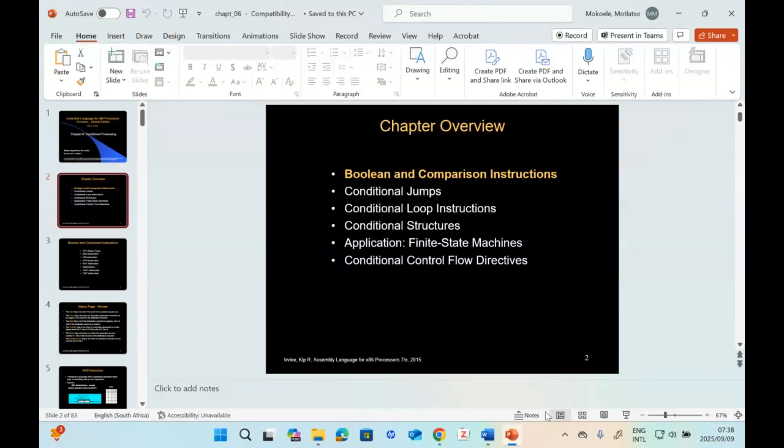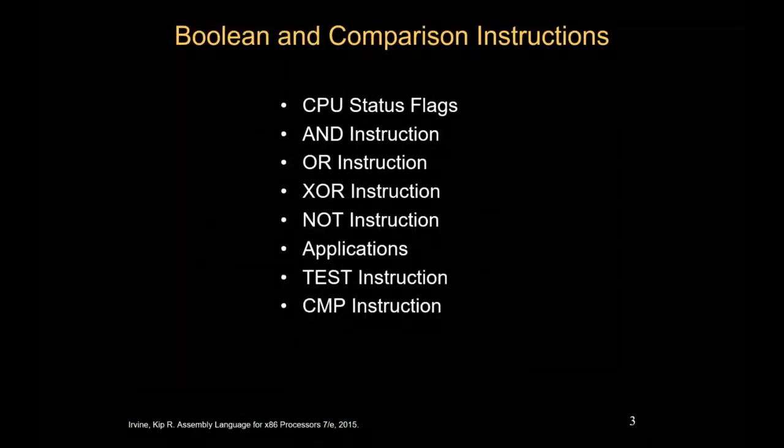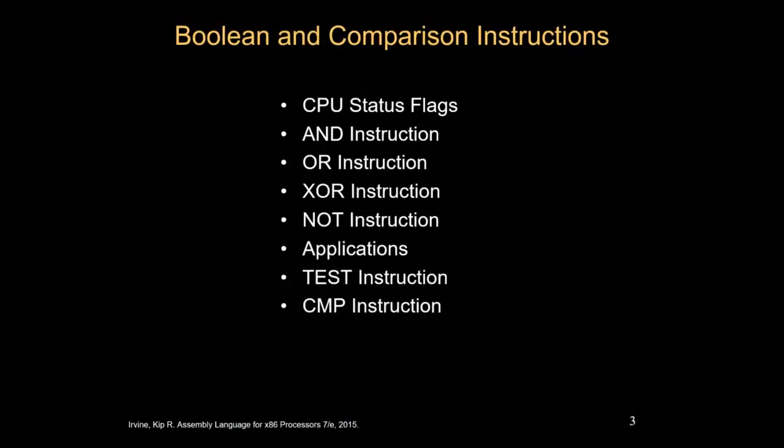In this first section on Boolean and comparison instructions, we will look into the following: the CPU status flags, the AND instruction, the OR instruction, the XOR instruction, the NOT instruction and the application of those instructions, then the TEST instruction and the CMP instruction. The scope of the test ends here.